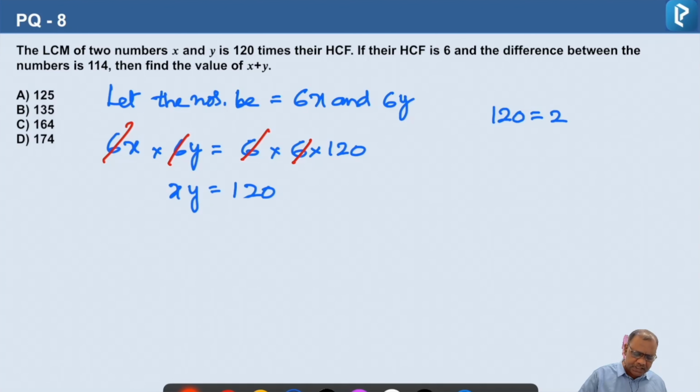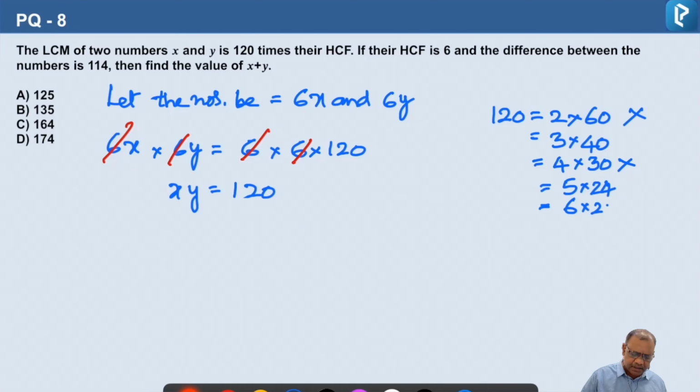So 2 into 60, they are not co-primes. 3 into 40, they are co-primes. 4 into 30, they are not co-primes. 5 into 24, they are co-primes. 6 into 20, they are co-primes.